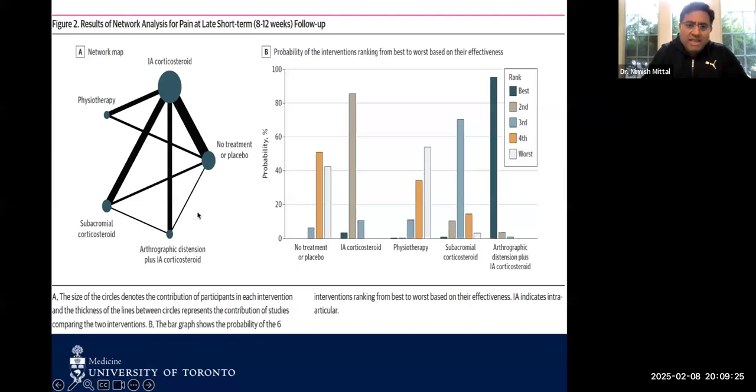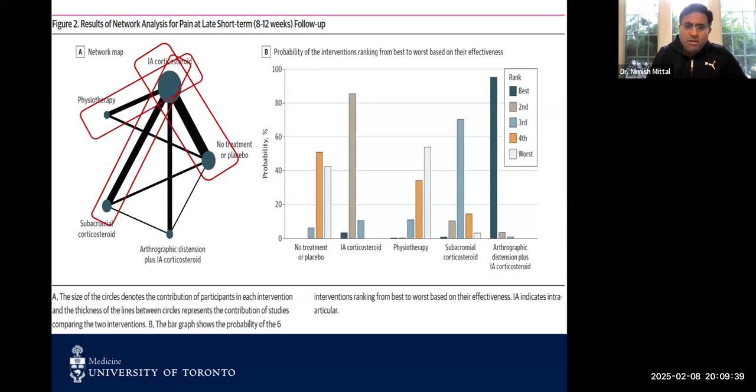And these are the results. This is actually the paired network meta-analysis on the left side. The maximum contribution is between corticosteroids and placebo. Beyond that, subacromial corticosteroid versus intra-articular, and then corticosteroid and physiotherapy. And mind you, these are the results at 8 to 12 weeks of follow-up.